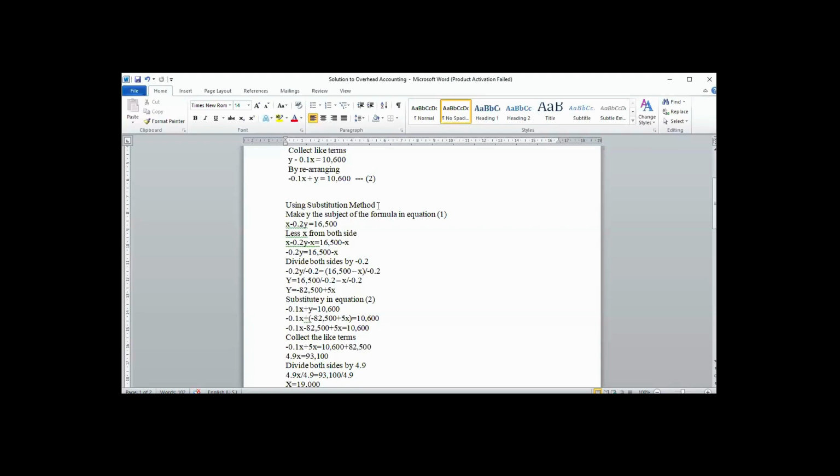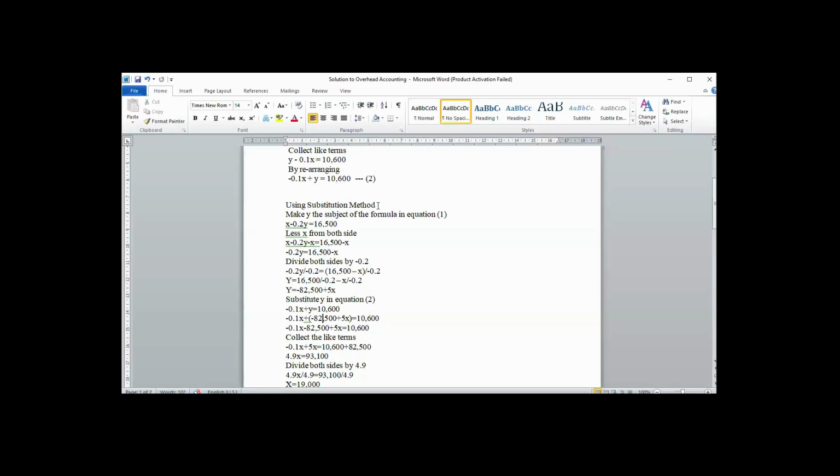That is why we said less X from both sides. Anytime you want to move something positive, use its opposite. If it is negative, you use positive.